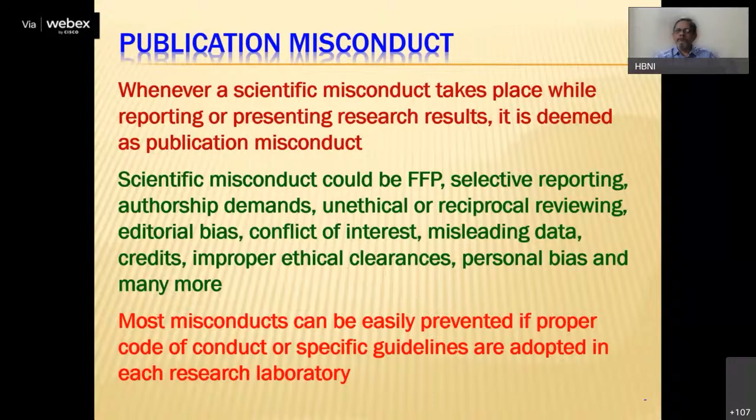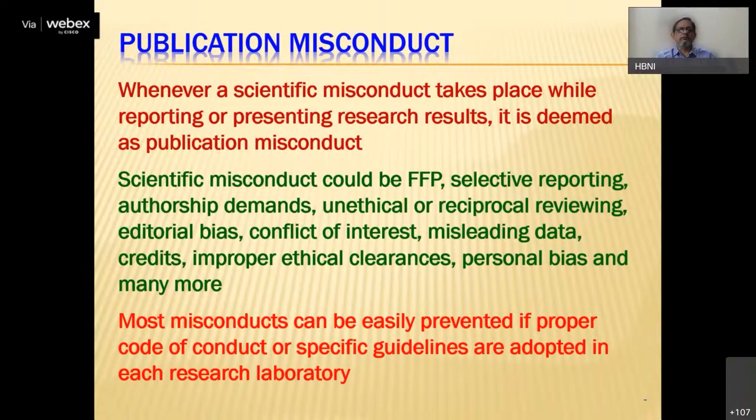Whenever a scientific misconduct takes place while reporting or presenting research results, it is deemed as publication misconduct. And this scientific misconduct could be FFP, which is fabrication, falsification, or plagiarism, selective reporting, which I have described in one of my earlier lectures, and authorship demands, which I have not yet talked about.